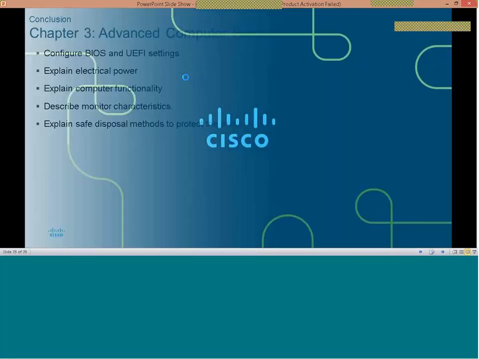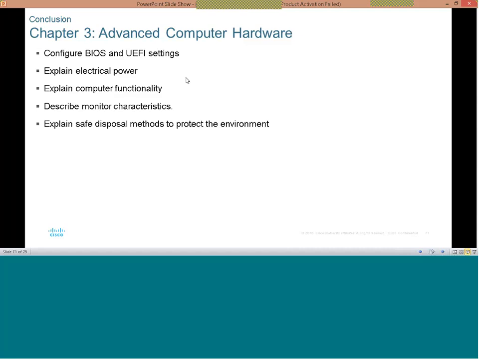Okay, so these are basically what we discussed under chapter 3. So we have looked at chapter 3 from that advanced perspective. All the process of both of the settings that you have to do and why you're doing them, and the security aspect of the hardware also was looked into.